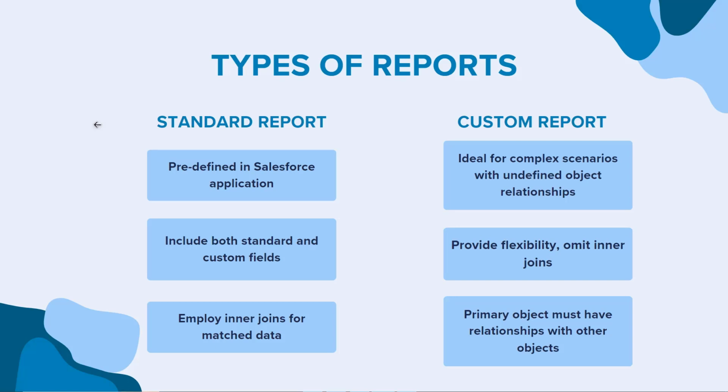Moreover, here an administrator or designated user can specify which objects will be included in a report, ensuring that the primary object has a relationship with other objects either directly or indirectly. Unlike standard reports, these custom reports provide flexibility by omitting the inner joins and accommodating scenarios where direct relationships between objects do not exist.